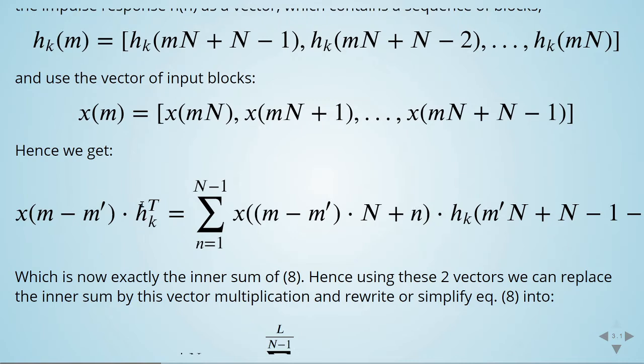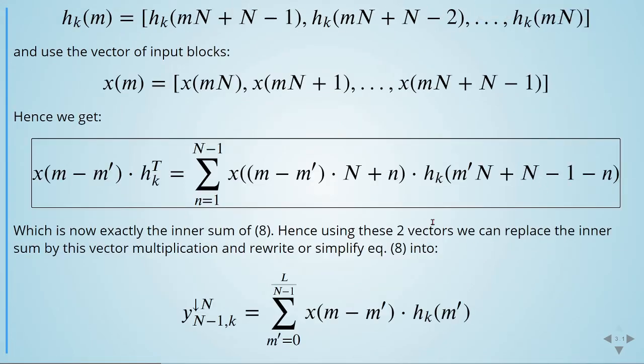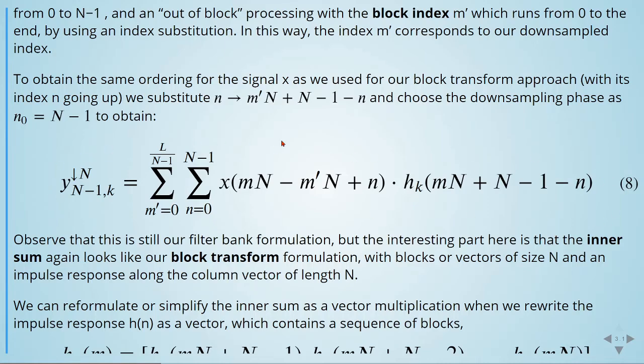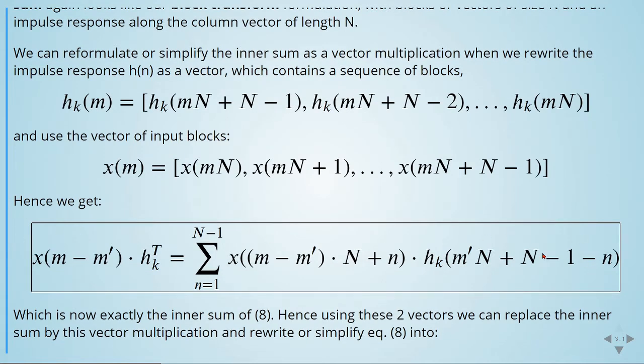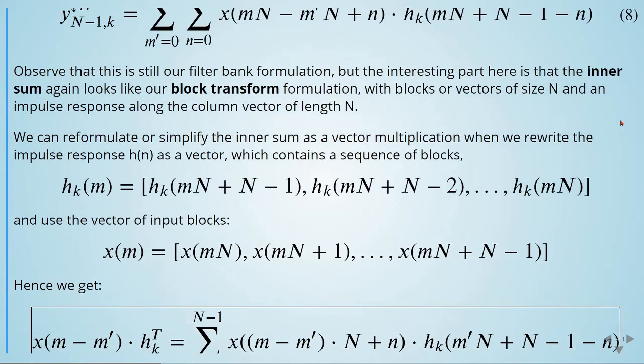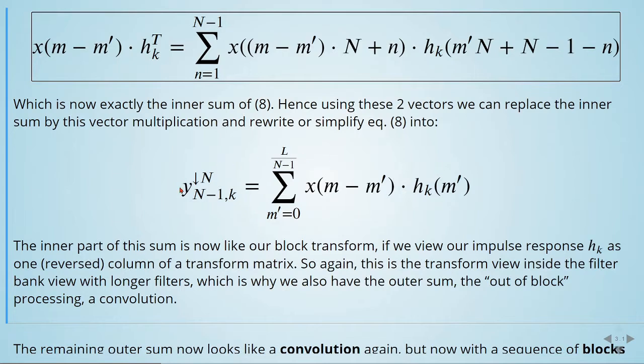Hence, we will get this equation, which is exactly the inner sum of equation 8. Using these two vectors, we can replace the inner sum by this vector multiplication and rewrite or simplify equation 8 to this. So now the inner part of the sum is like our block transform.